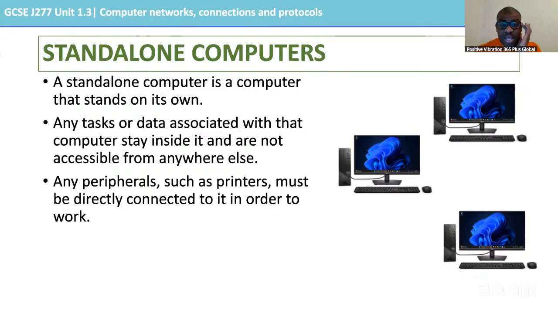Good. So any peripherals, anybody remember what peripherals are? Peripherals can be the class we just looked at, input and output devices. Any device that is connected to the motherboard, the main part of your computer, is classified as a peripheral.